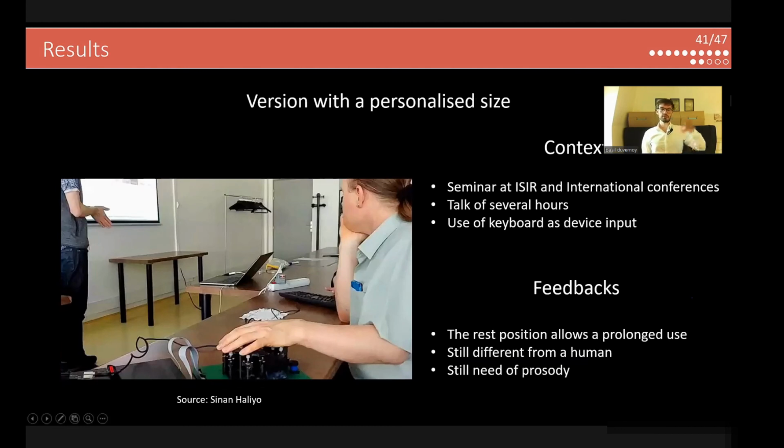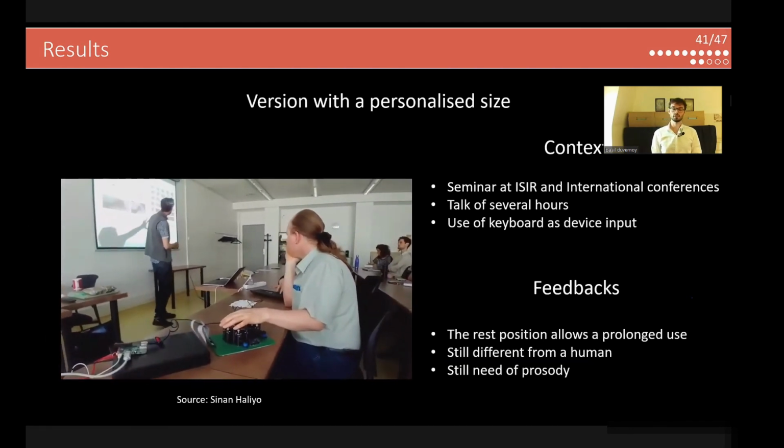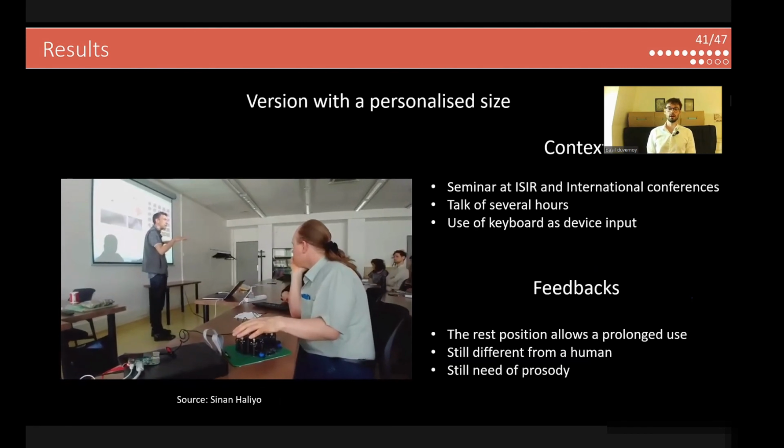So this blue device was made with the location of the actuators placed by using 21 hands. So I decided to create a personalized size device for them. So this is what you can see on the screen. So he used the device for several seminars and international conferences for several hours.